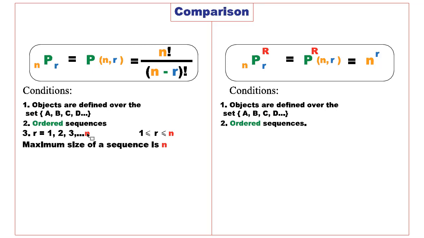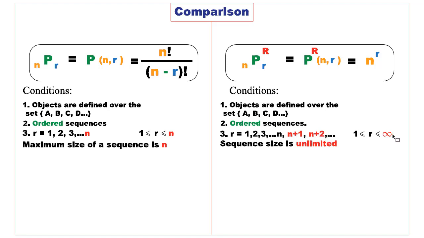Because this is permutation without replacement. So R could be 2, could be 3, and maximum n. So in such case, the maximum size of a generated sequence should be n. However, for permutation with replacement, R could start from 1 and reach n, and n plus 1, n plus 2, until infinity. So the sequence size in such case is unlimited here, while here it is limited for n.